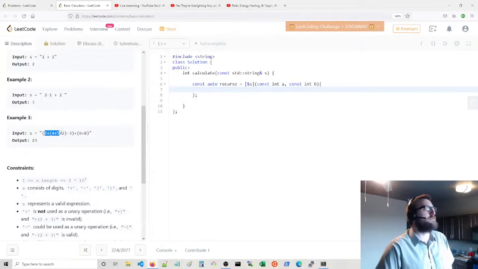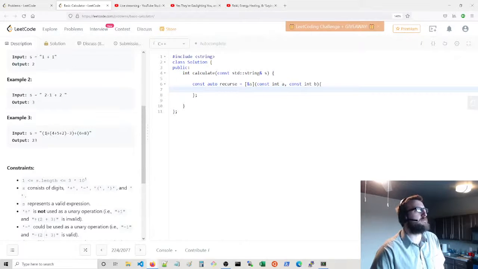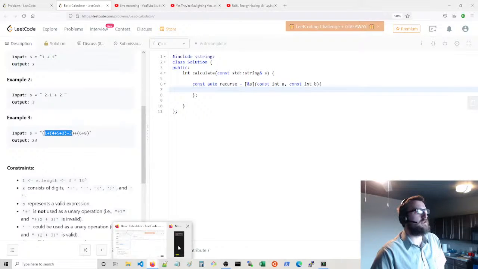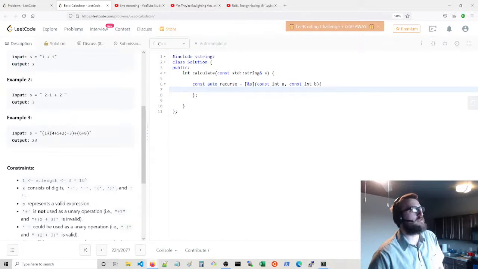So you'd remove the parentheses and recurse. Find the other parenthesis, and then recurse on the string in between. And that's if you see parentheses. If you don't see parentheses, then you evaluate that expression and return the result.